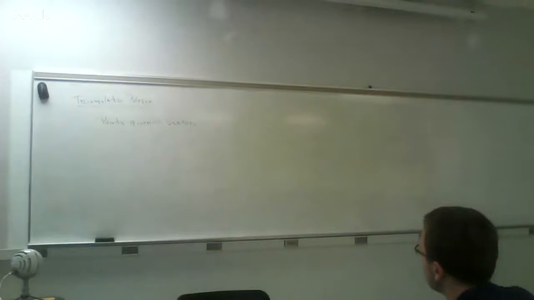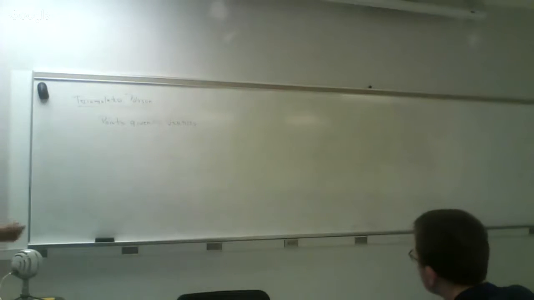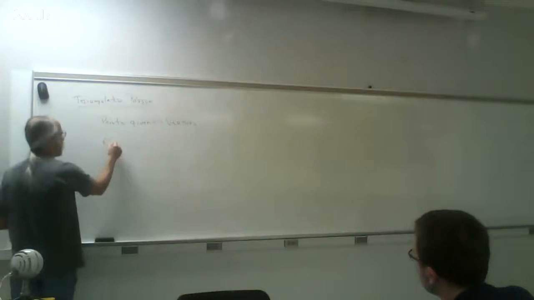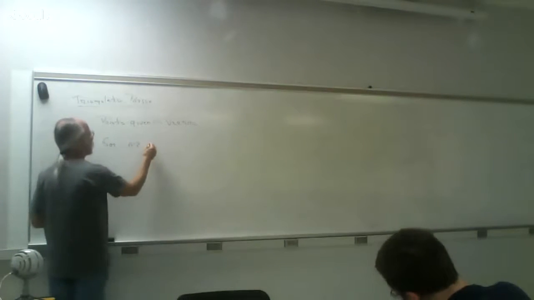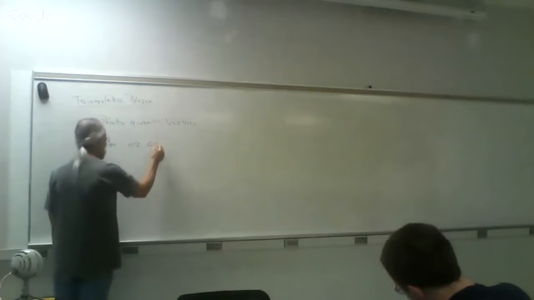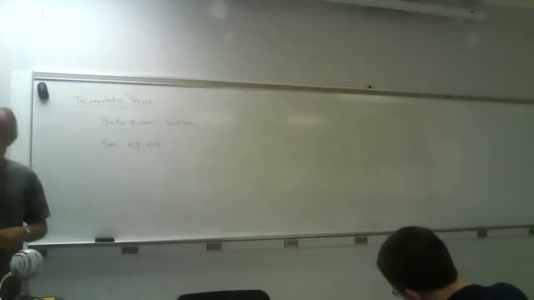And so what we were doing is we were partitioning the interior of the polygon. The big deal out of this is that for n vertices, we get n minus 2 triangles out of the deal.